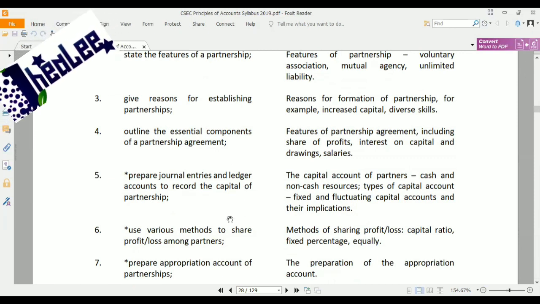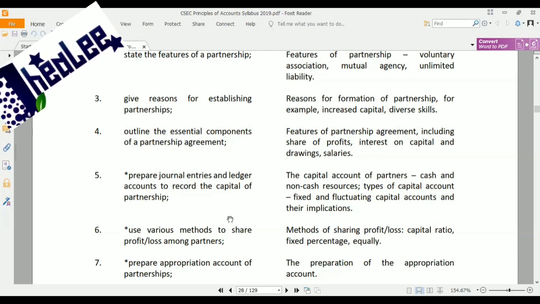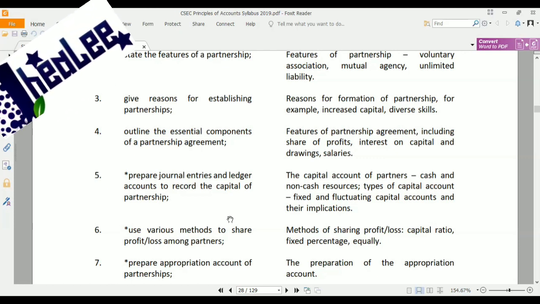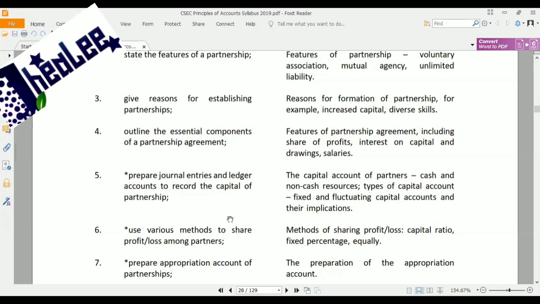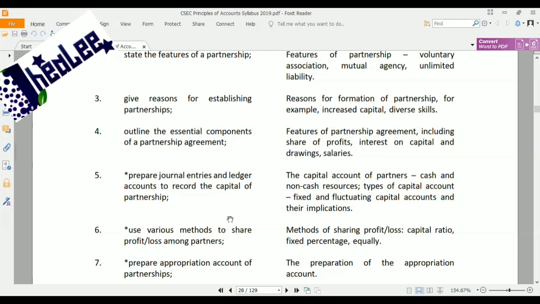Prepare journal entries and ledger accounts to record the capital of partnerships. If a partner is coming into the business and brought in X amount as an asset, the asset can be anything. The asset can be cash. The asset can be a simple motor vehicle. You might have just the building alone, the premises alone, and you want to be a part of the partnership.